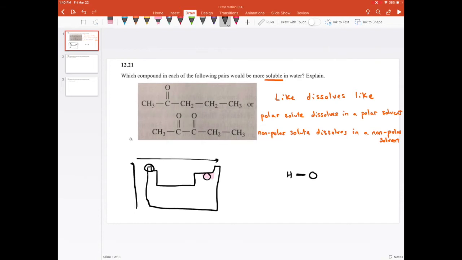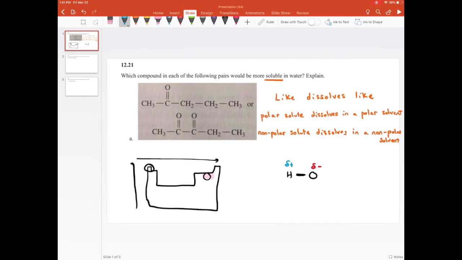So if you're an electron in this bond between the two, you're going to be much more attracted to oxygen, and you're going to spend more time around it. And you still will be a little attracted to the hydrogen. It does have a proton, but you're not going to be as attracted to it. And so the oxygen will become slightly negative, and the hydrogen will be slightly positive.